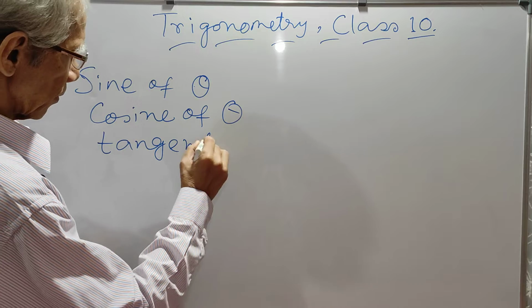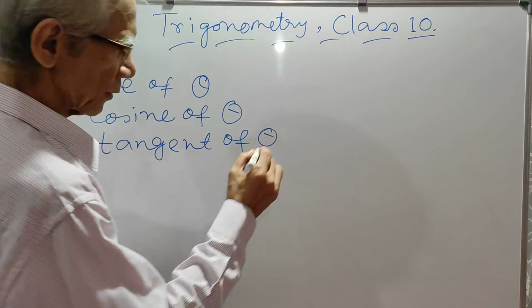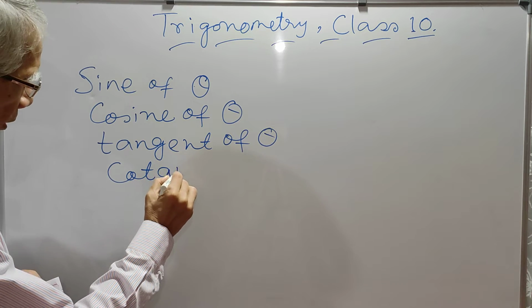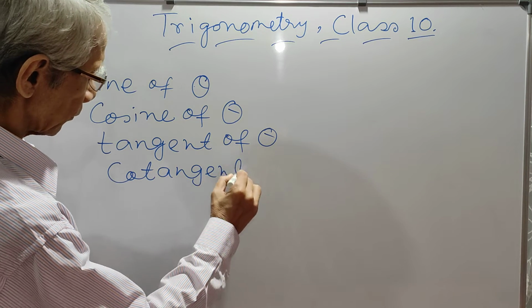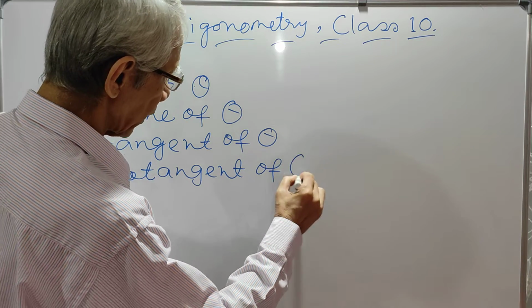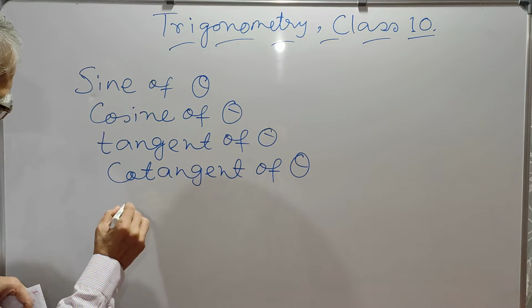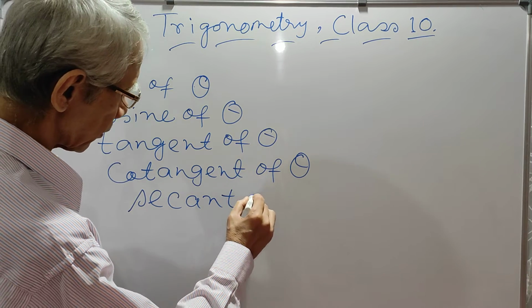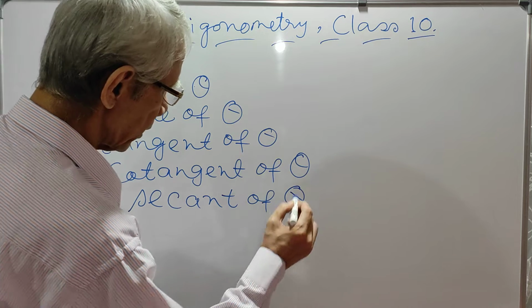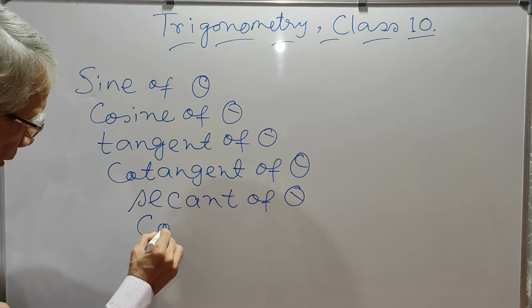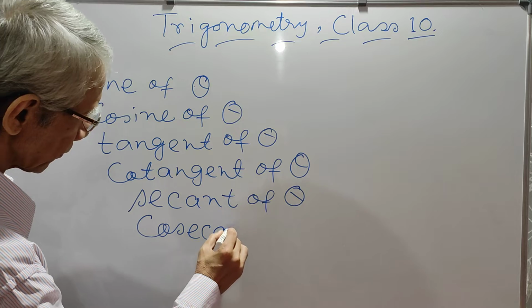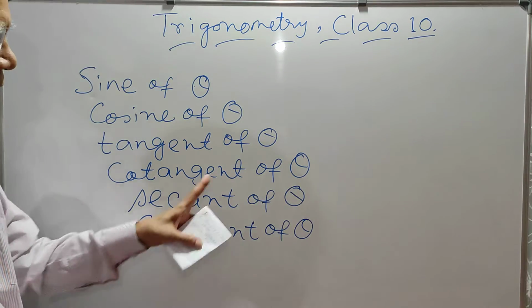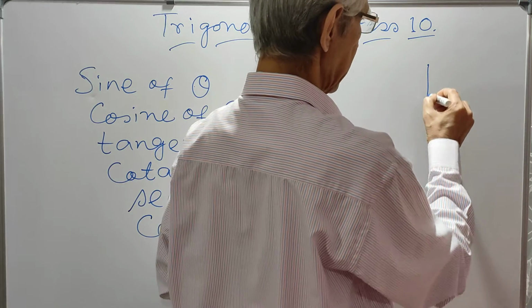Tangent of angle theta, cotangent of angle theta, secant of angle theta, and then at last cosecant of angle theta. Now this theta is the angle in a right angle triangle.